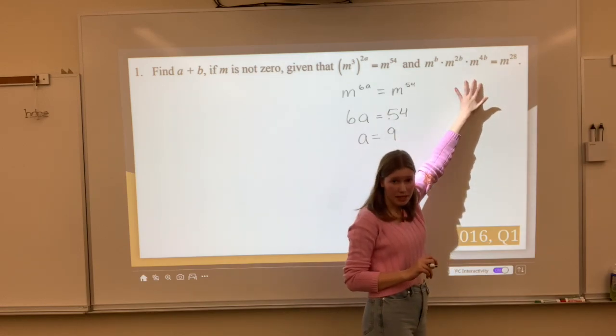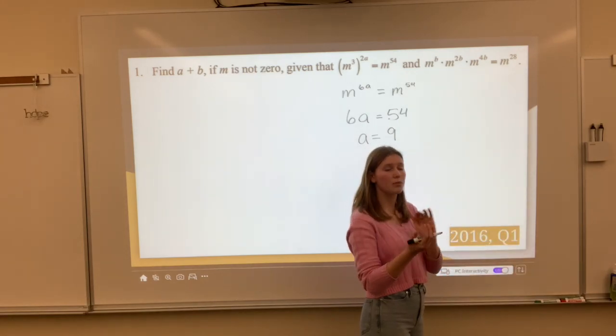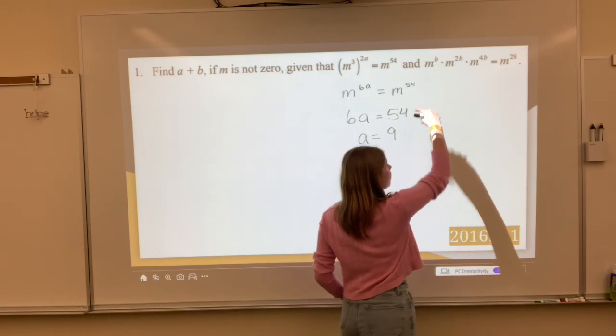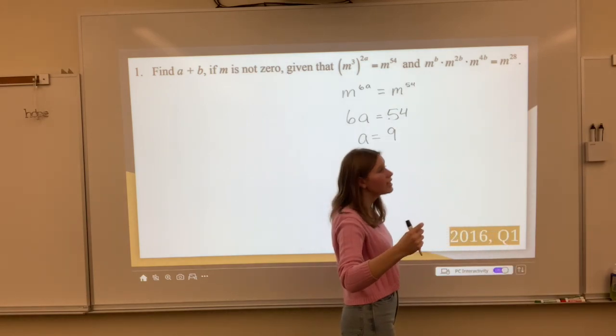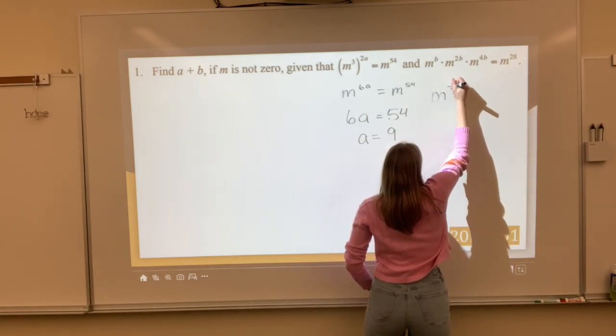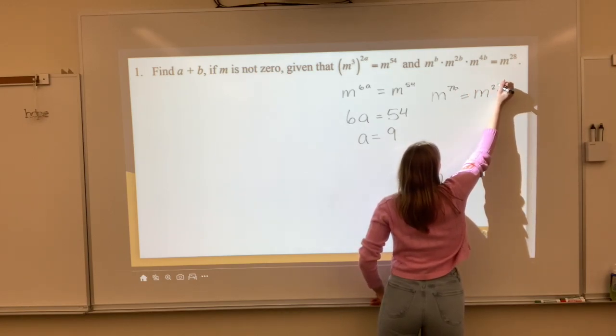They have the same base, but different exponents. So when we multiply them together, all you have to do is add their exponents. So we would end up getting m raised to the b plus 2b plus 4b, which is m to the 7b. And that's still equal to m to the 28th.